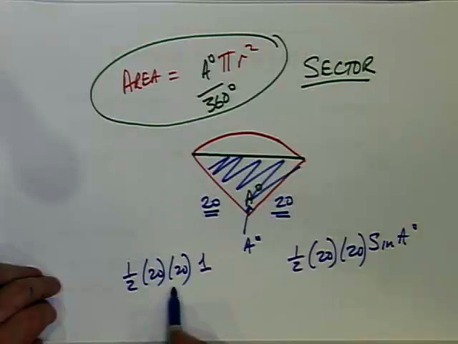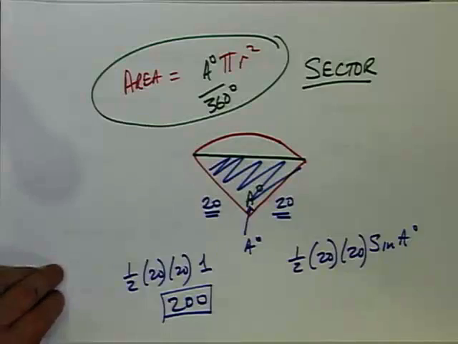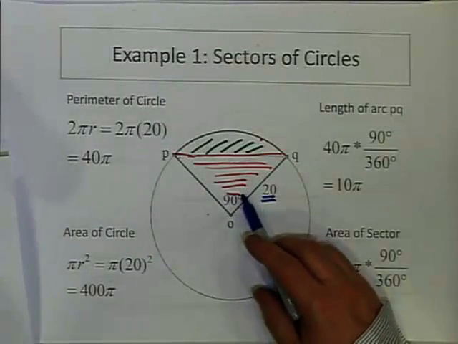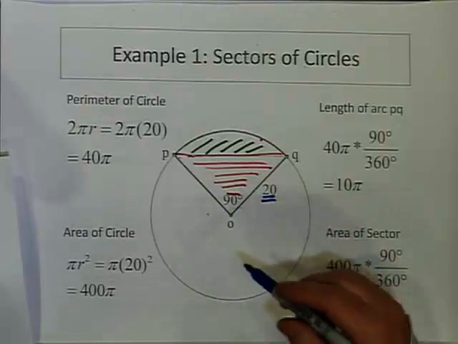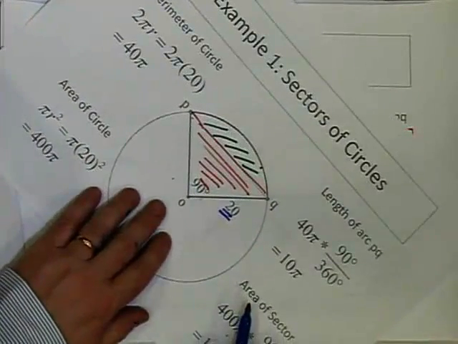So 20 by 20 is 400. By a half is 200. Okay? Another way of looking at that equation from the triangle point of view is that's a 90-degree angle, isn't it? That means it's a right-angled triangle, isn't it? That means that if I were to turn it around this way, it would look a bit more normal.